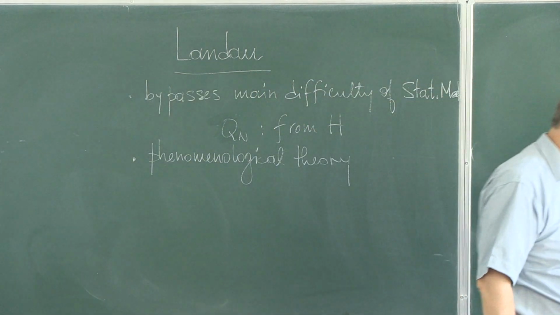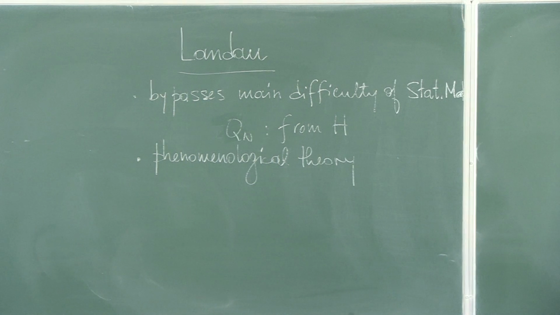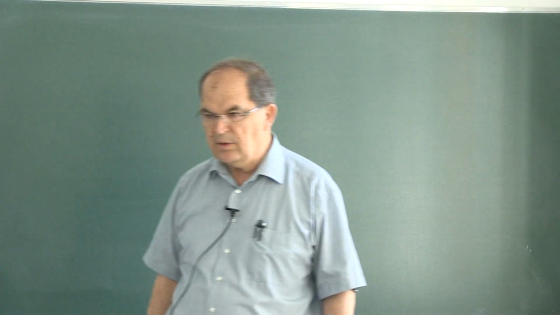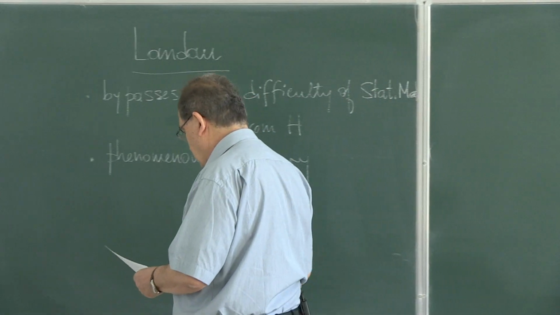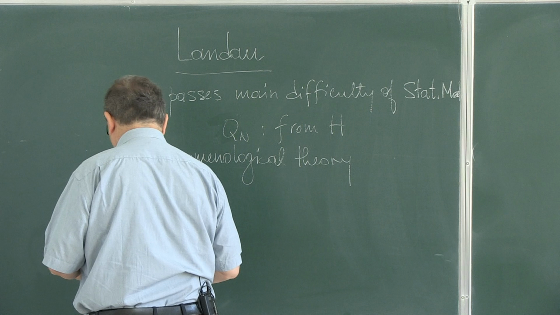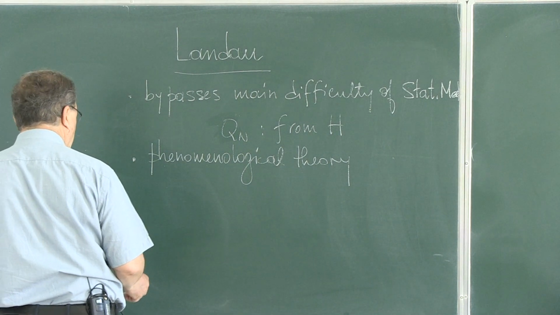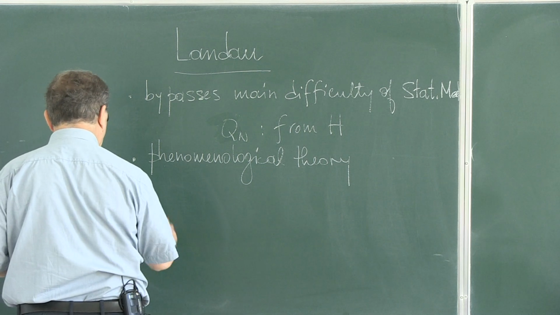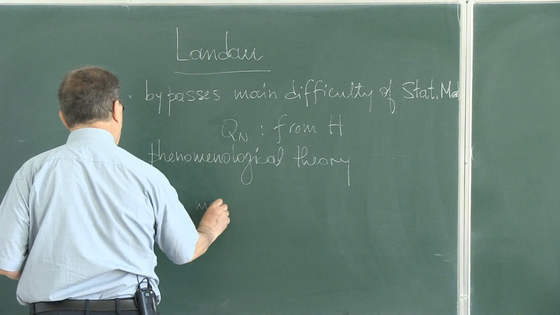This approach is not interested in finding or determining whether there's a critical point or not. It is assumed at the beginning there is a critical point, and there are two main ingredients.